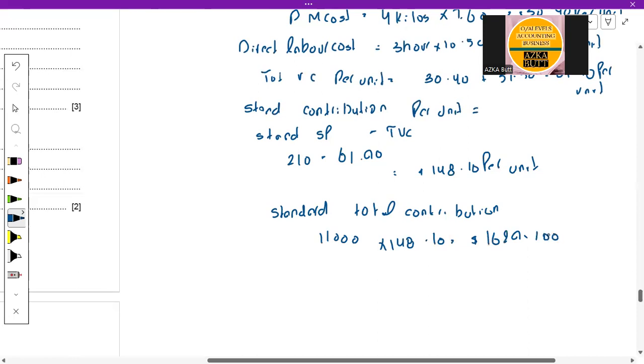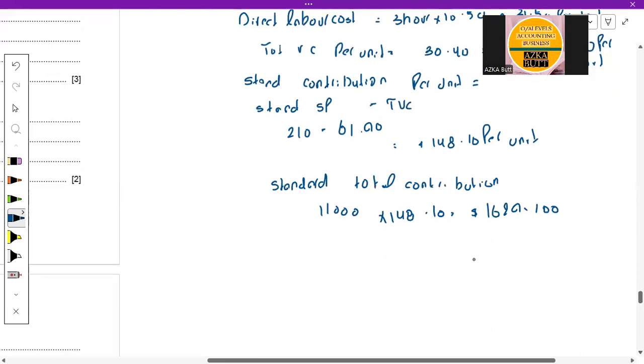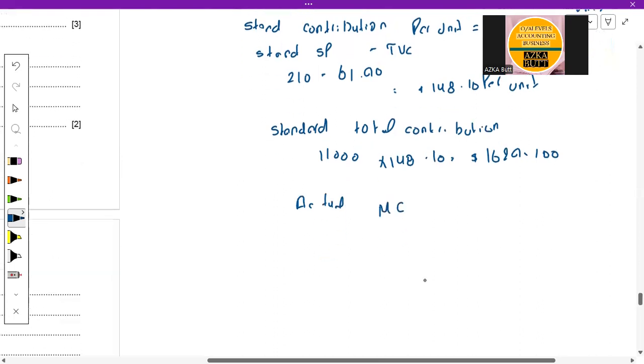which is equal to 162,900. In step 2 we have to calculate the actual variable cost. We already know the actual variable costs are affected by the material and labor variances. So let's calculate the actual variable cost based on these variances. Actual material cost: the material price variance is equal to 4290, which is favorable.